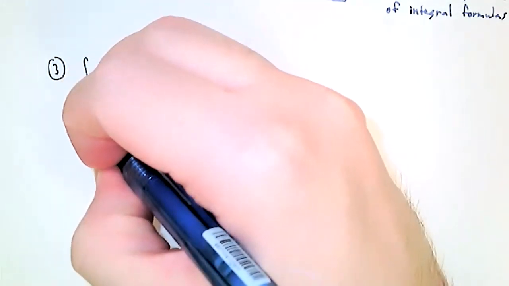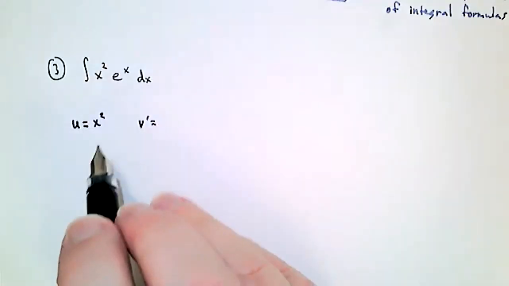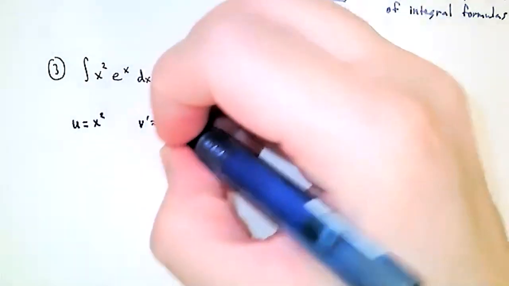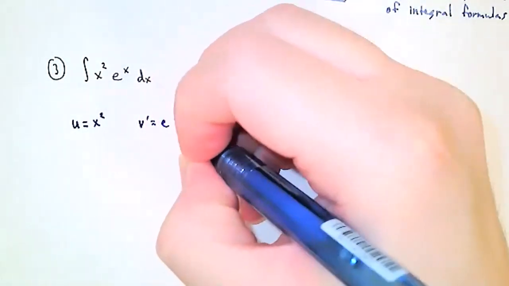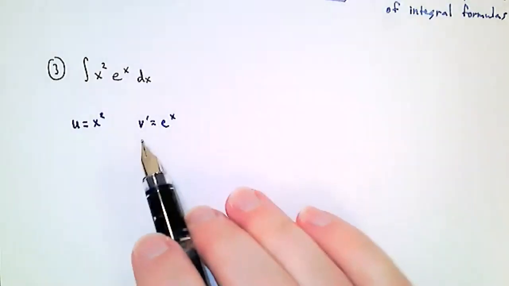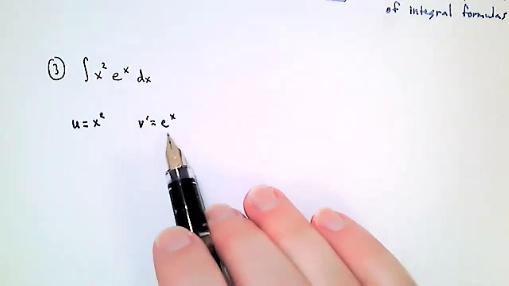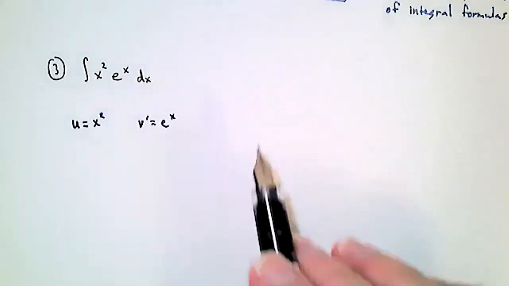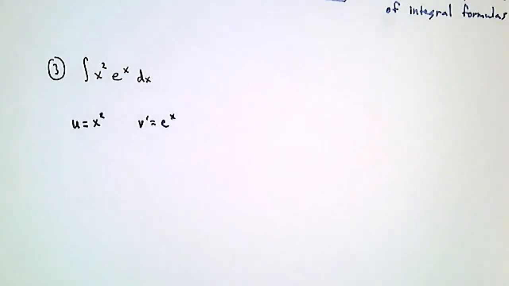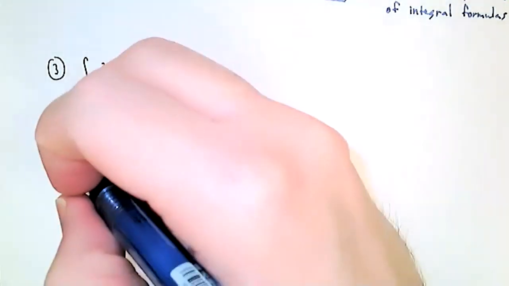Because when you take the derivative of x squared, you get a smaller power of x. And when you find an antiderivative for v prime, e to the x, nothing happens. We know the antiderivative of e to the x is just e to the x, or e to the x plus a constant.